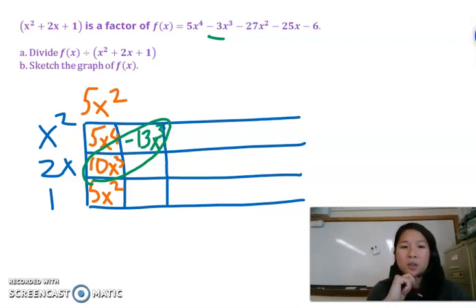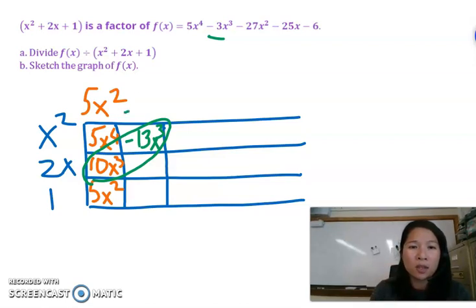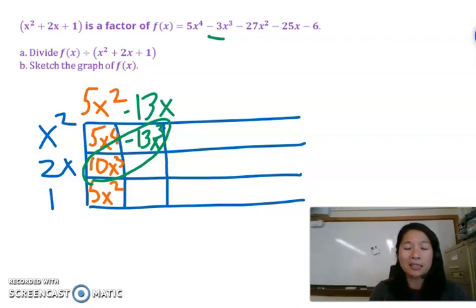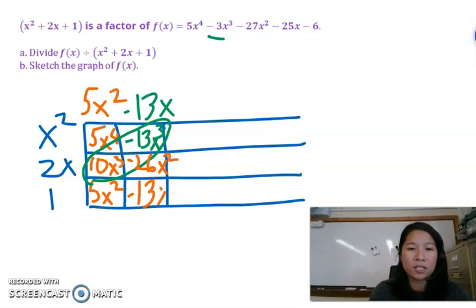If negative 13x cubed goes there, then at the top we need negative 13x, because negative 13x times x squared gives us negative 13x cubed. Now we can find the other terms. Negative 13x times 2x is going to be negative 26x squared. And then negative 13x times 1, that's going to give us negative 13x.